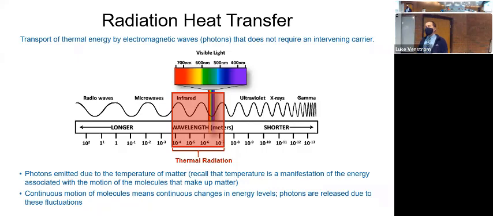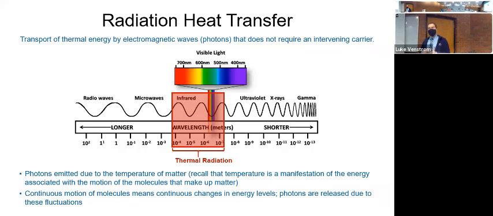The distinguishing feature of radiation heat transfer in comparison to conduction and convection is that radiation will occur through a vacuum. There's no intervening matter required. We don't have to have molecules touching each other in order to achieve radiation heat transfer. That is most definitely the case in conduction and convection.